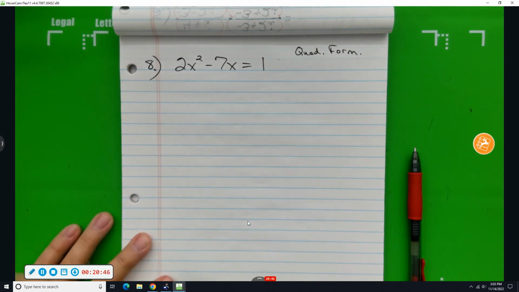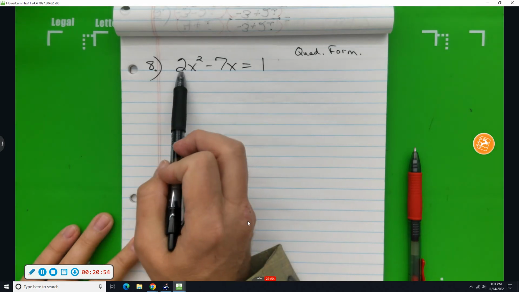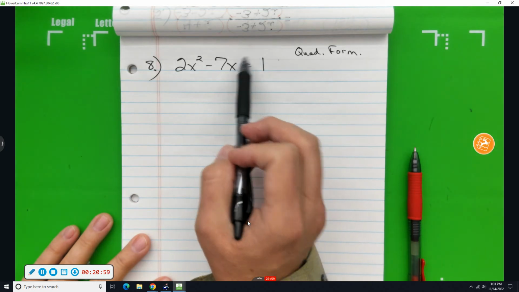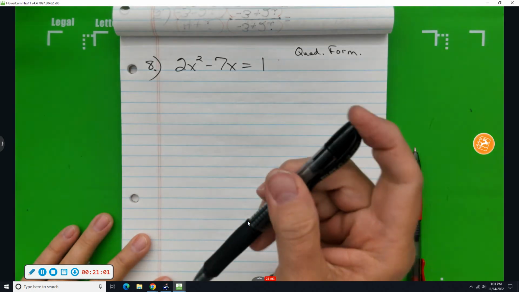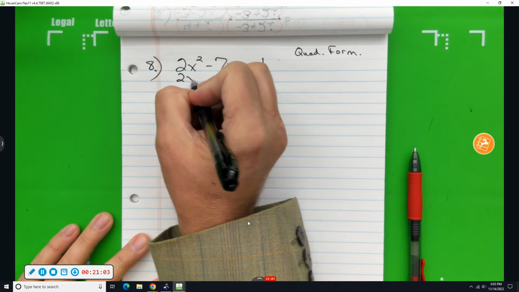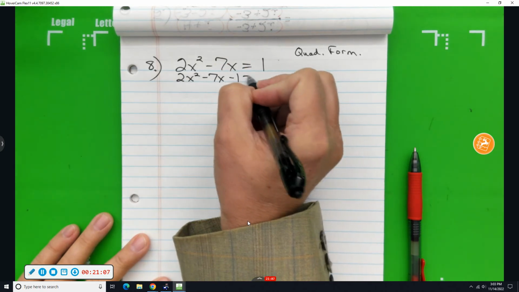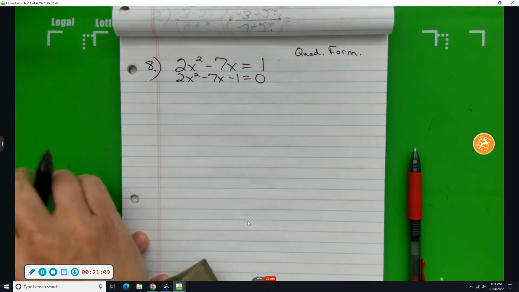I prefer the leading coefficient to be positive. So the only sensible thing to do to get it set equal to 0 and keep that leading coefficient positive, I see someone doing this with their hand. Yes, they move the 1 over. So you then have 2x squared minus 7x minus 1 is equal to 0.